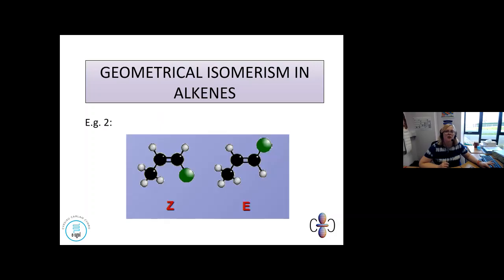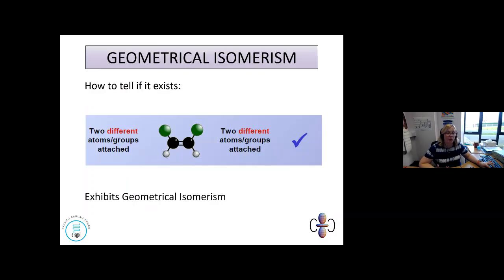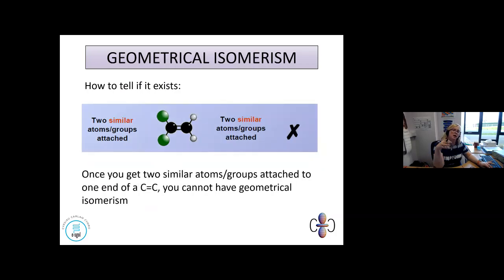Okay. So how to tell if it exists, if at all? If you've got two different atom groups either side of that double bond, then you are for sure going to have the potential for an E/Z isomer to be shown. If you've got two similar atoms on the same side of that double bond, so in this case, two greens and two whites, because they're not a green and a white either side, that means that E/Z is not possible. So you don't have geometric isomerism in this case.